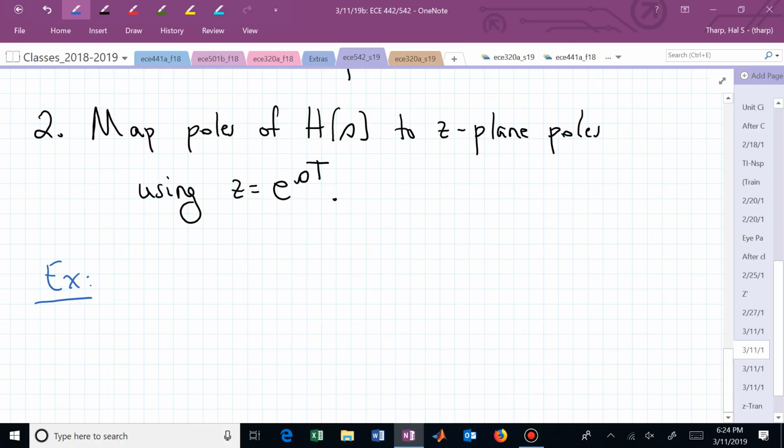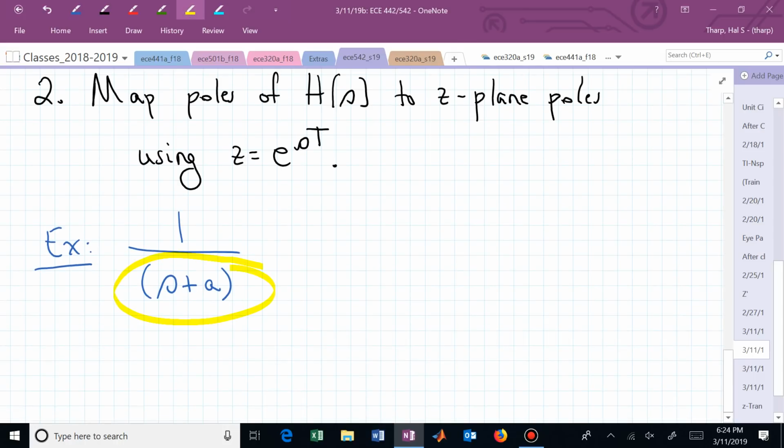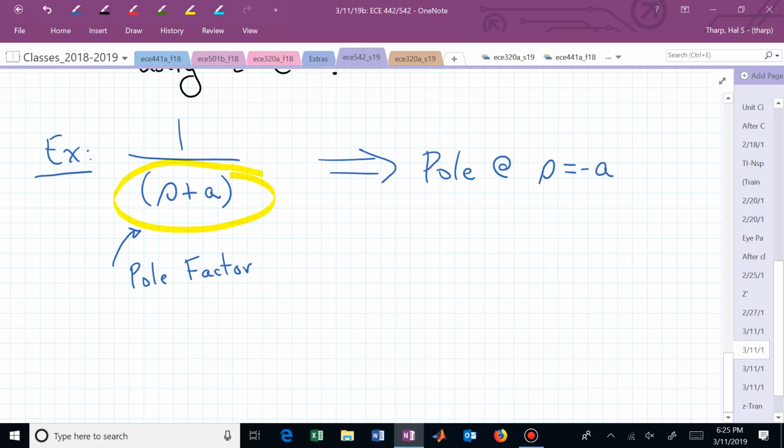For example, suppose we start here. We have 1 pole factor. And where is that pole? Or what value of s causes that factor to vanish, or to equal 0? That's when s is equal to minus a.